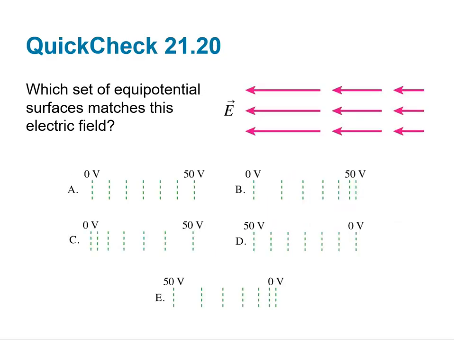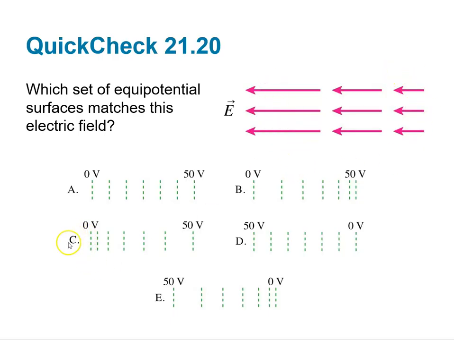Which set of equal potential surfaces matches this electric field? We know the equal potential lines are closer together when the electric field is stronger, and the electric field vectors are larger where the electric field is stronger. So the electric field is stronger here than it is here, and we want our equal potential lines to be closer here than they are at this end.